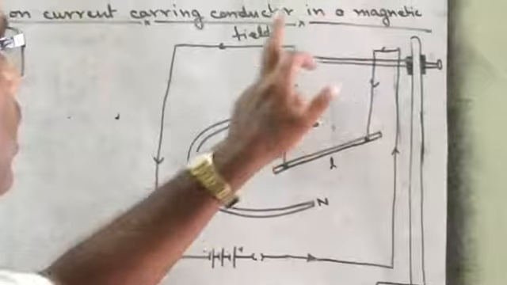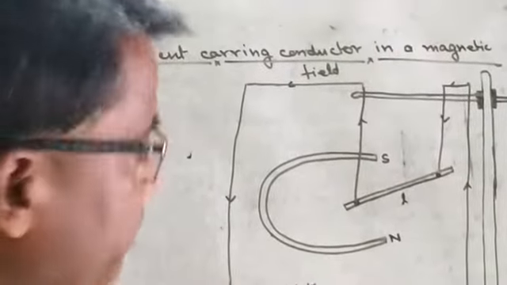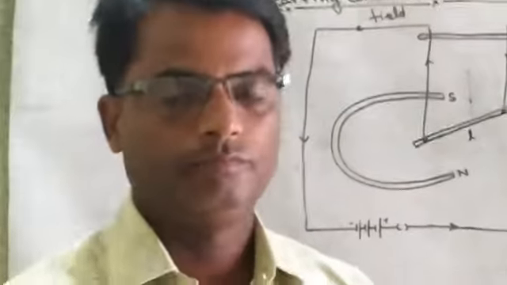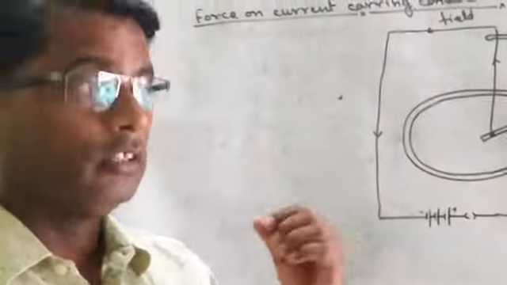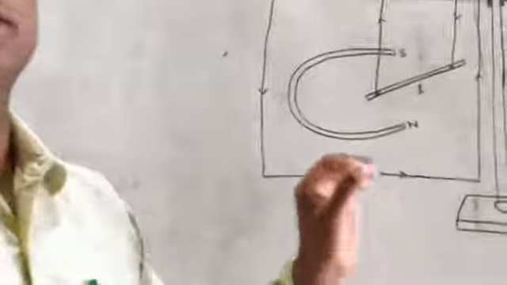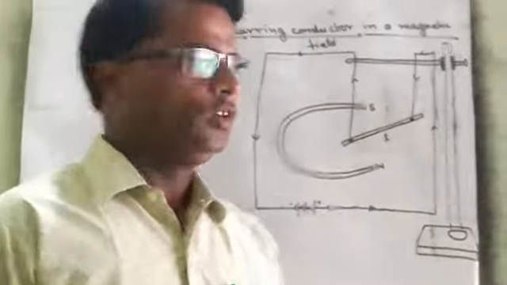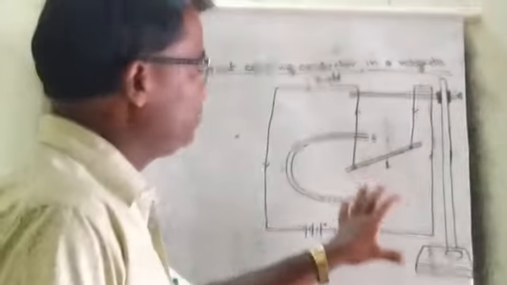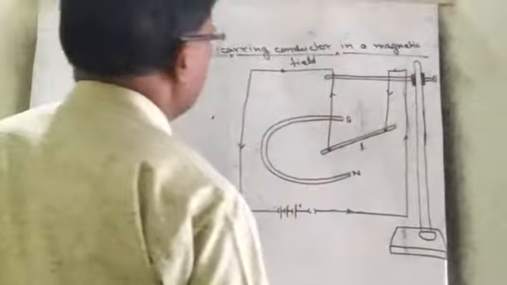in a magnetic field. If any conductor is placed in a magnetic field, then that conductor experiences a force. From this diagram I will explain this topic. This is an activity.